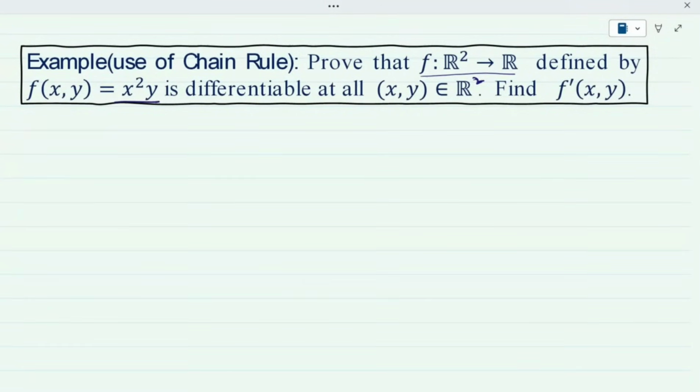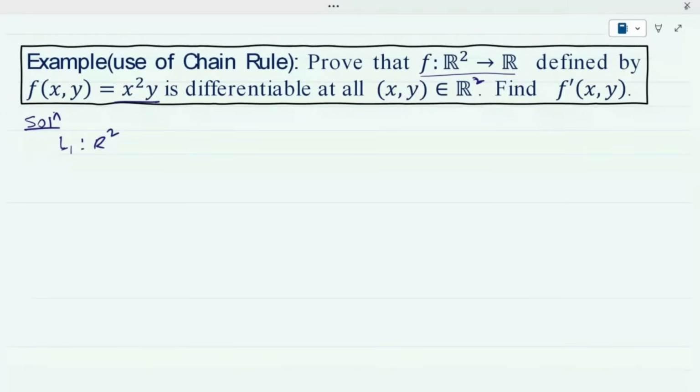To do this, we will divide this function into three parts as a combination of three linear functions, and then we'll solve it. So let's define three operators.